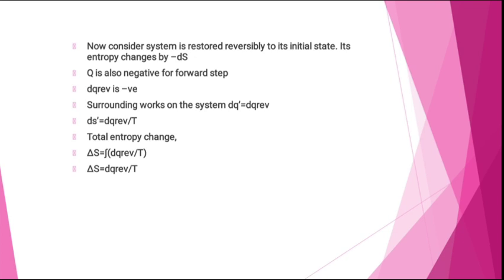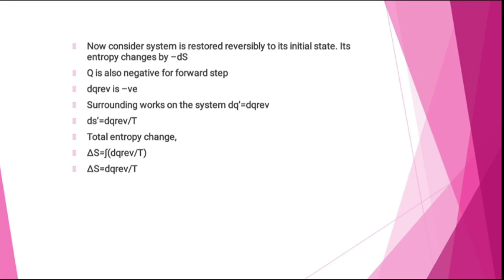That's why dq reversible is negative, or the rate of change of heat is negative. Then consider when the system works on the surroundings, or the surroundings work on the system. Initially we are going to take our first condition, the surroundings work on the system. When the surroundings work on the system, there is a compression and the heat is given by the equation dq dash is equal to dq reversible.